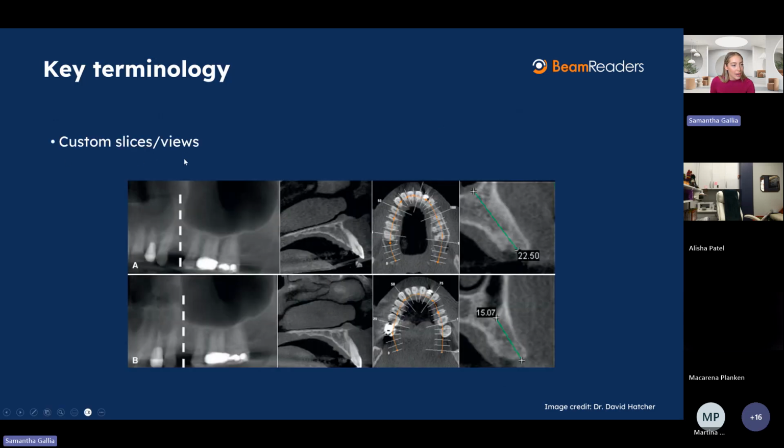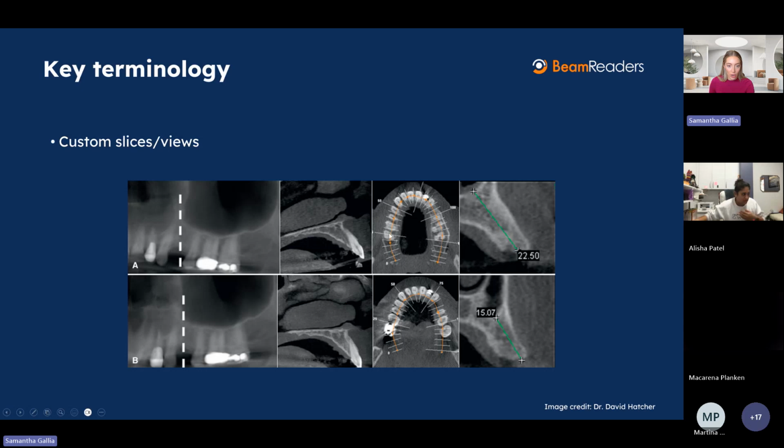So custom slices and views. The other really cool thing about CBCT is while we usually use those classic ways of looking at the volume, we can also create custom views. So things like looking at the TMJs, looking at the airway, and my personal favorite way to look at a scan is what's called the arch section view.